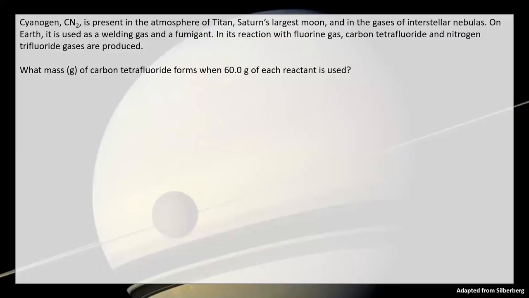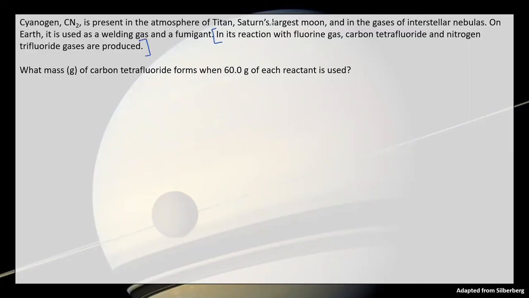Okay. So this next question is a limiting reagent question. So we're going to need to figure out which of these is the limiting reagent and do a little stoichiometry and balance some equations and name some elements. So it's good, it's comprehensive. So cyanogen is in the atmosphere of Titan, Saturn's largest moon, and just out here in space and interstellar nebulas, and it has some uses on Earth. And we are given the reaction in words, right?